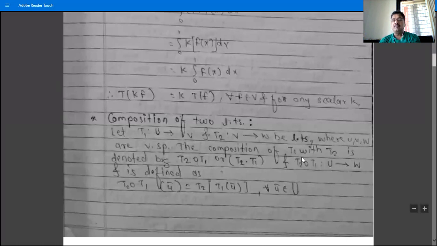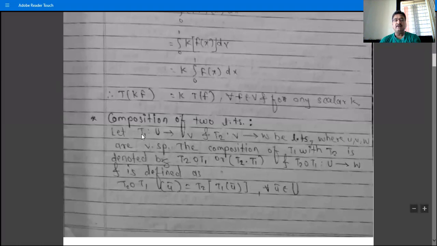The composition of T1 and T2 is denoted by T2 circle T1, that is T2 circle T1, or T2 dot T1. If we observe T1, then its codomain is V, and the domain of T2 is V. That is, this codomain and domain are common.